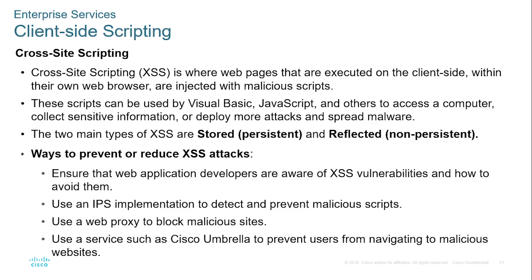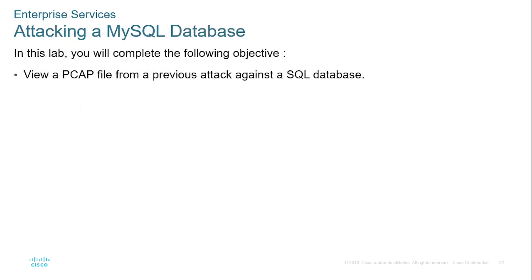The IPS can scan websites, web pages and web applications to see if they contain malicious scripts. And then we can use a web proxy to block the malicious sites, and we can also use services like Cisco Umbrella, as we mentioned before. And we will have a practical session for this.